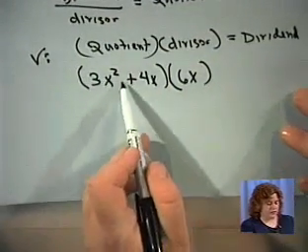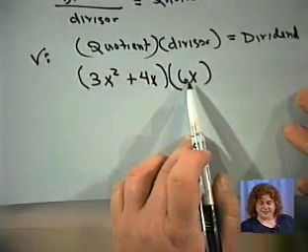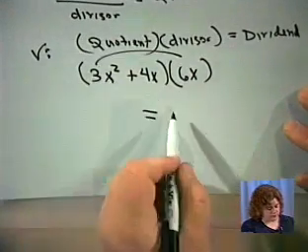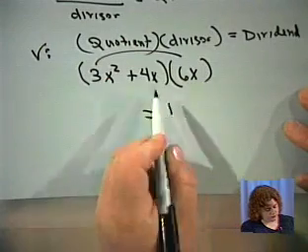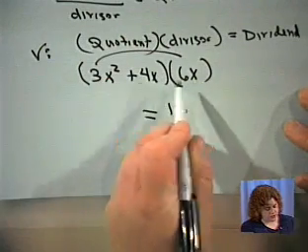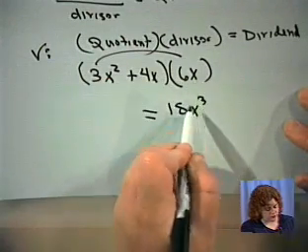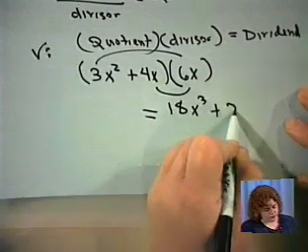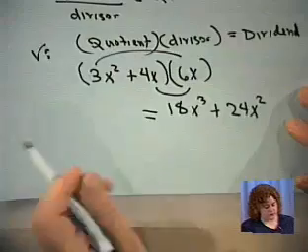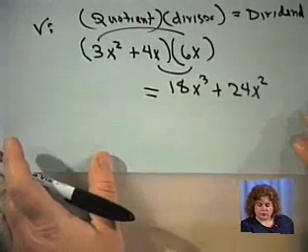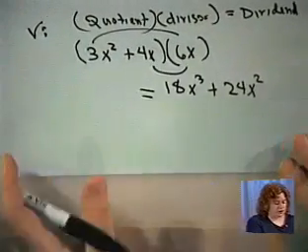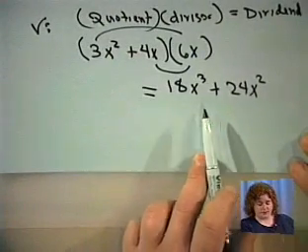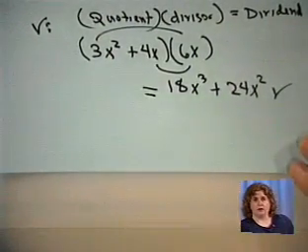This is going to be a candidate for the distributive property. So we'll have 18, 6 times 3 is 18, x times x squared is x cubed, plus a 24x squared. And if all is right in the world and with this problem, this will be the same as the numerator of our original problem statement, and it is, so our answer checks out.